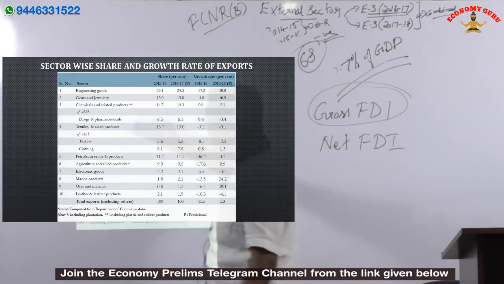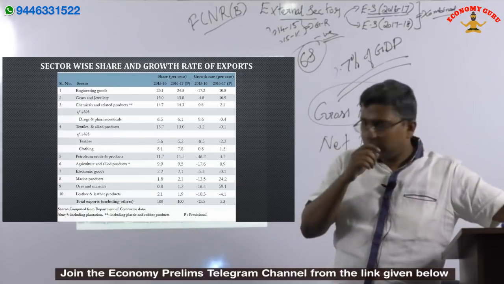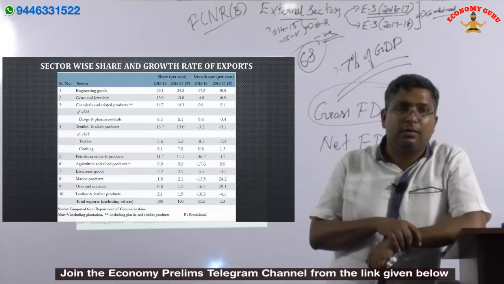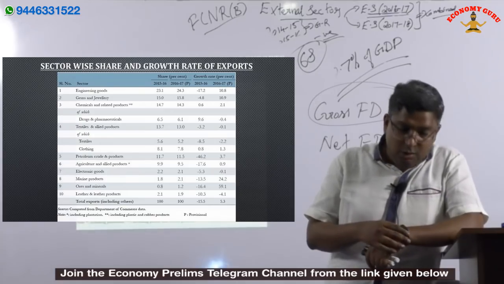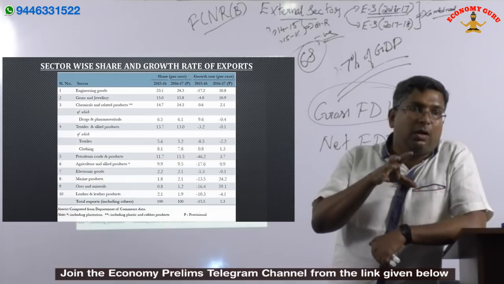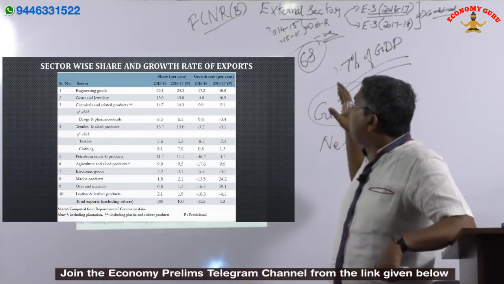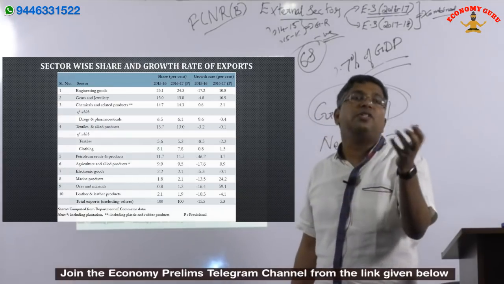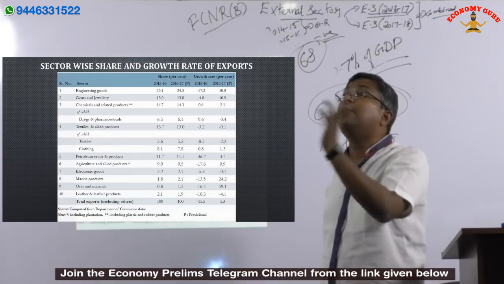See, if you have noticed one thing earlier, before 2010, UPSC used to ask in relation to exports, which sector is contributing the maximum towards exports, or which sector is contributing the maximum towards imports.